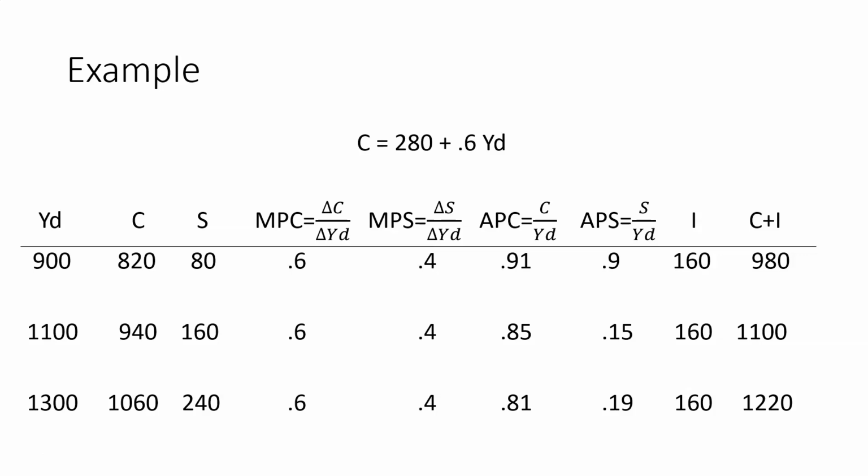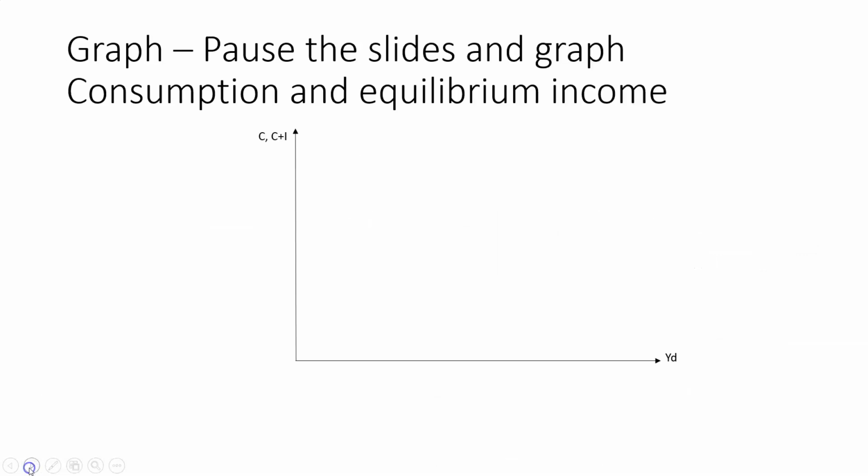All right. Now, we need to do some graphing. We need to graph equilibrium income. In order to graph equilibrium income, we're going to put consumption and C plus I here, and we're going to put YD here.